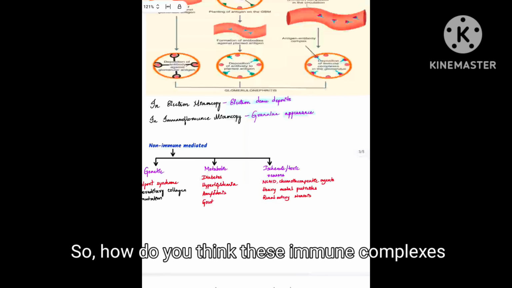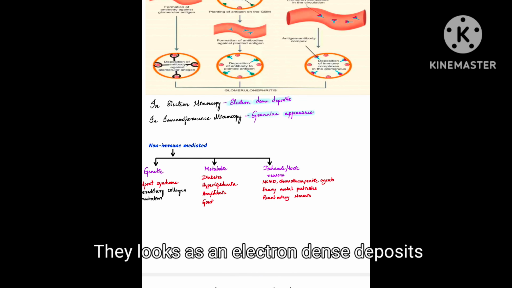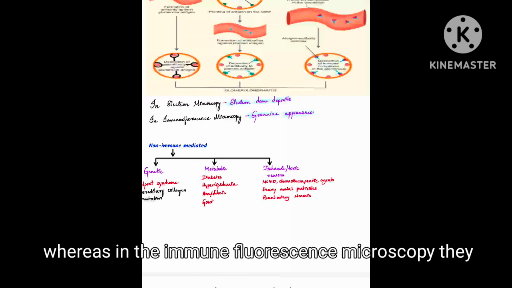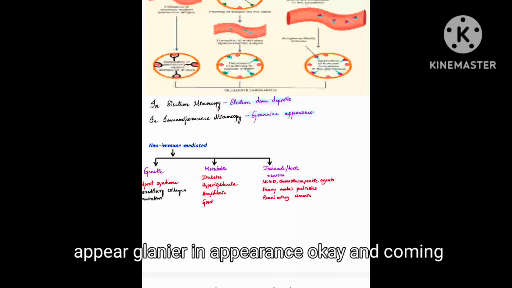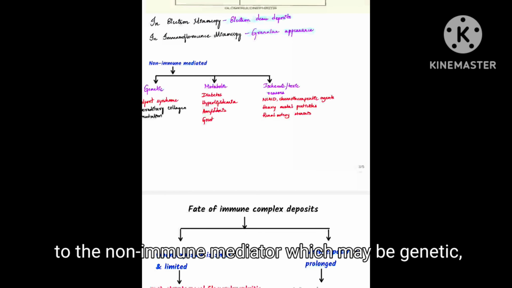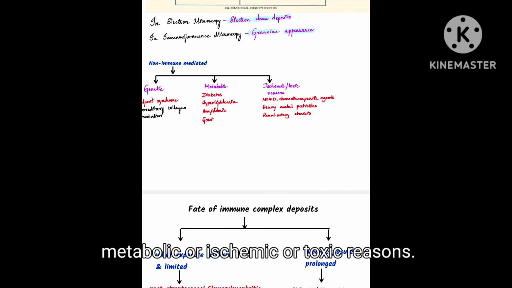So how do you think these immune complexes look under an electron microscope? They look like electron dense deposits, whereas in immunofluorescence microscopy they appear granular, okay? And coming to the non-immune mediated, which may be due to genetic, metabolic, ischemic or toxic reasons.